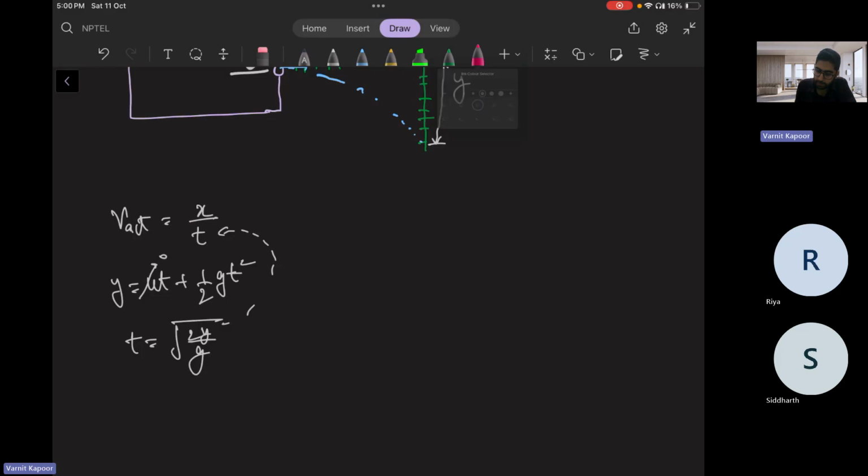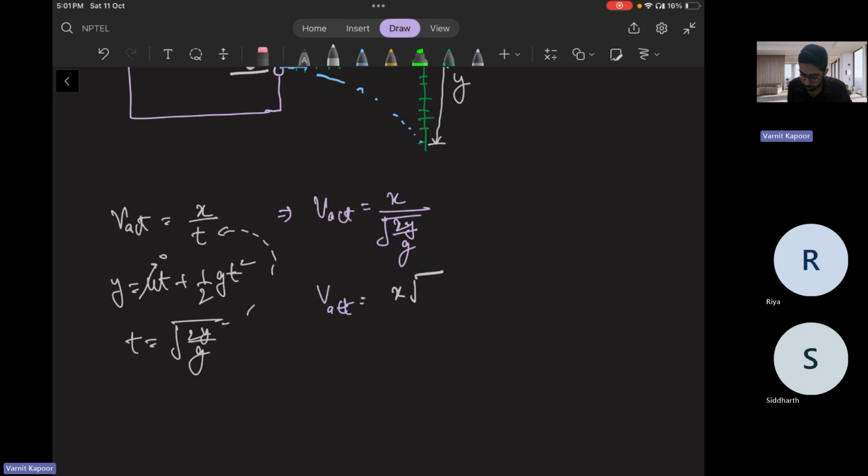So we get V actual is nothing but X upon root of 2y by g. Okay, so V actual is x root g by 2y.